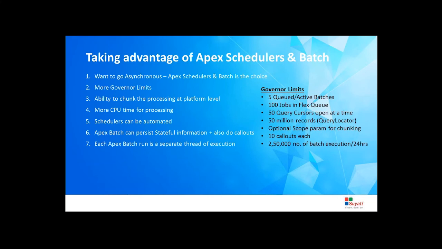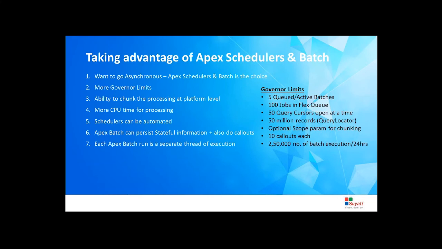I just love Apex batches and schedulers right now. So coming on to the third point here, I talked about the scope parameter, which helps us to chunk the processing at the platform level. Also, using the concept of Apex batches, more CPU time is allotted for processing in an asynchronous fashion.